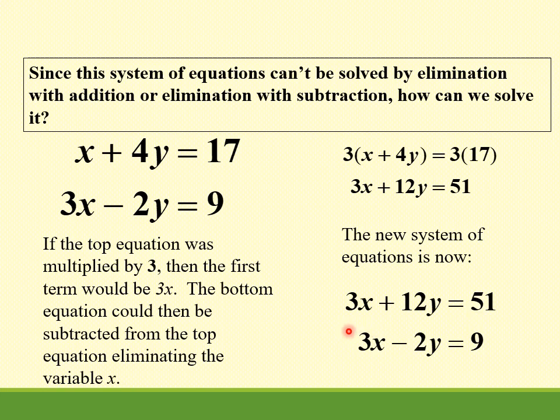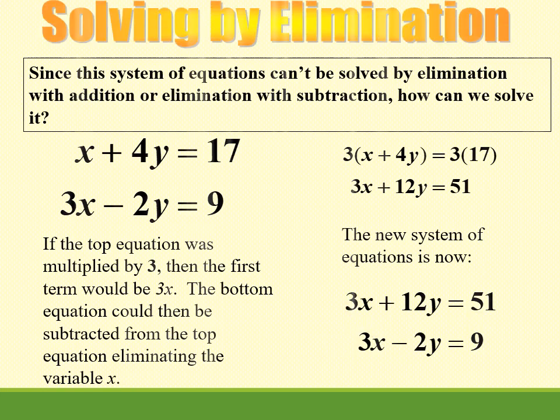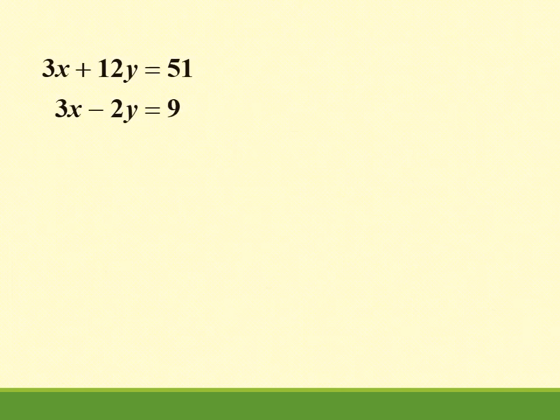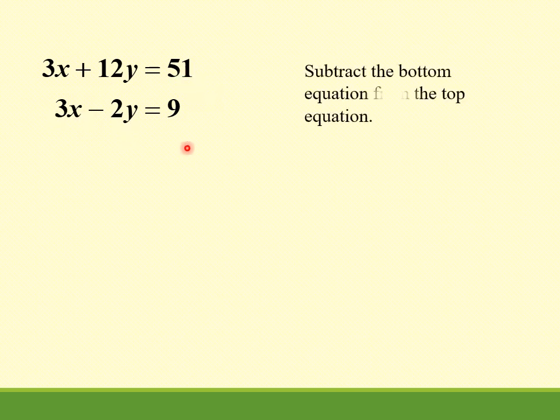Since it has the same values and the same sign, you have to do the subtraction. So in these new equations you have 3x plus 12y is equal to 51, and 3x minus 2y is equal to 9. So we are going to subtract the bottom equation from the top equation.